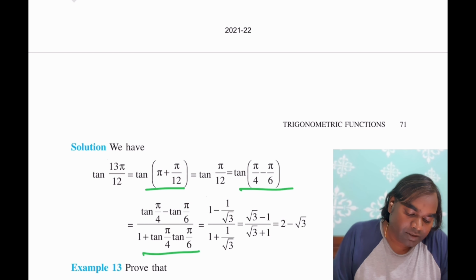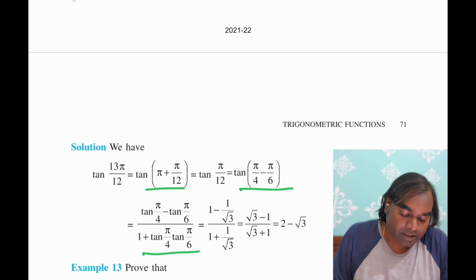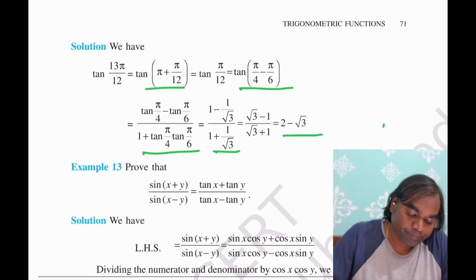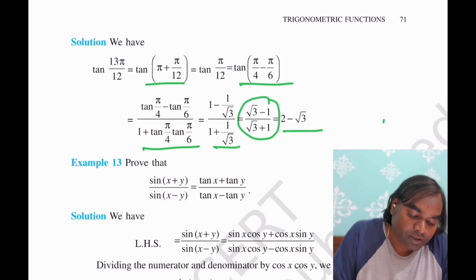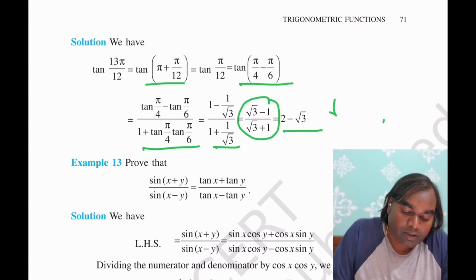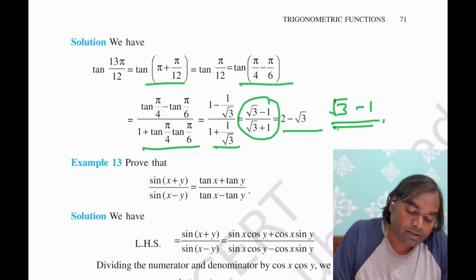After substituting the values for x and y and solving for tan x and tan y, you will get the answer. And now you can solve this by multiplying the numerator and denominator by the square root 3 minus 1. So you will get the answer.